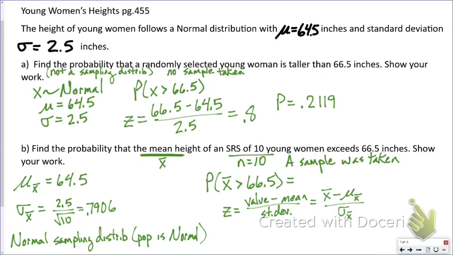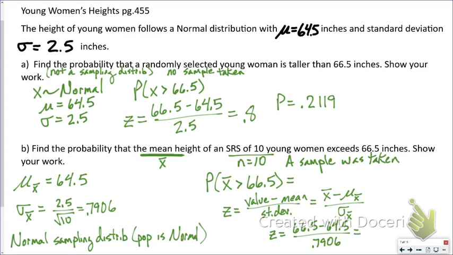That's really what the formula is. But think of it more like value in question minus the mean divided by standard deviation. Because you don't want to accidentally divide by only 2.5. You want to make sure you divide by the adjusted standard deviation of 0.7906.